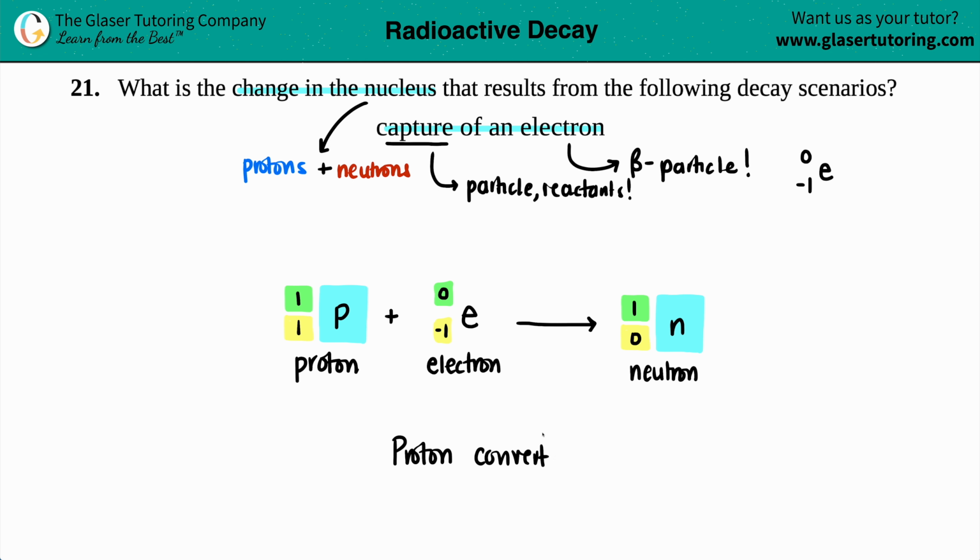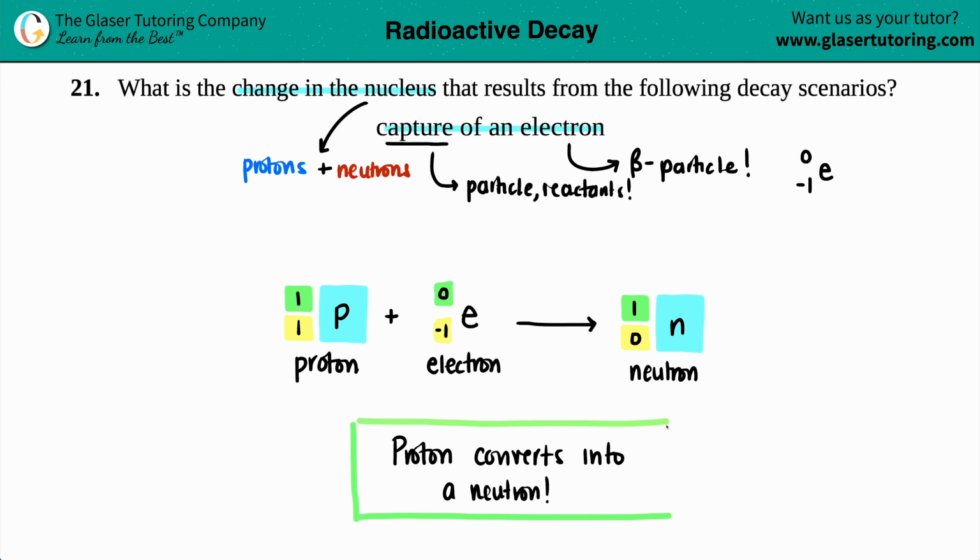That's a better scientific term, right? Proton converts into a neutron when that electron is captured. And that's basically the final answer. Let's box it off. Ooh, that looks good. I'm liking this. That's the answer.